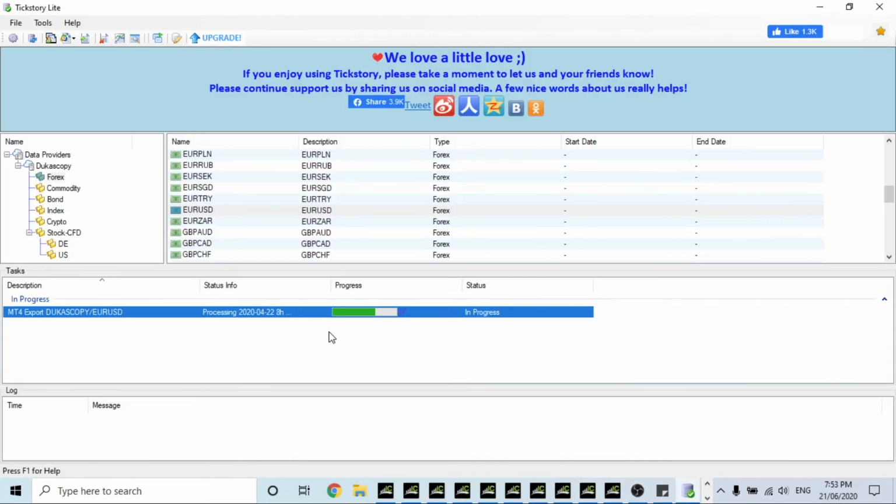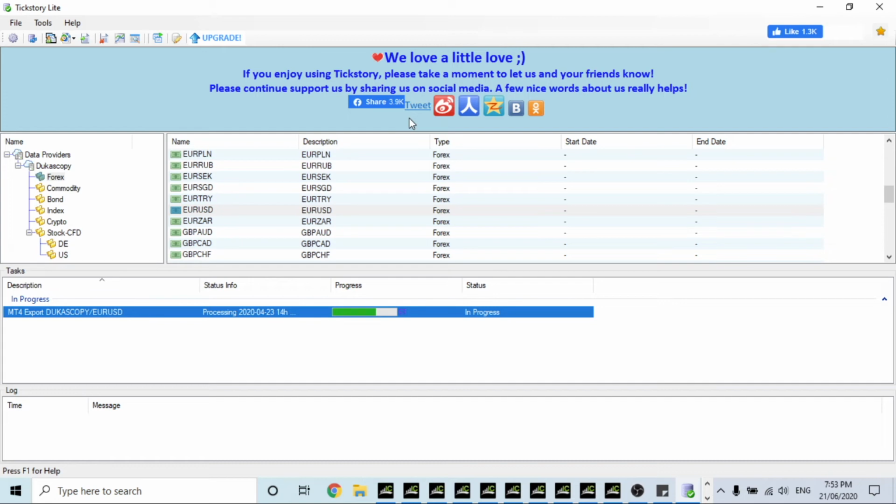And just lastly, all these things that I forget. If you are looking to get tick data to do backtesting, give TickStory a go. You can get a free plan. It doesn't cost you anything at all. The only limitation is that you can only download the last year of tick data to test with if you do backtesting.